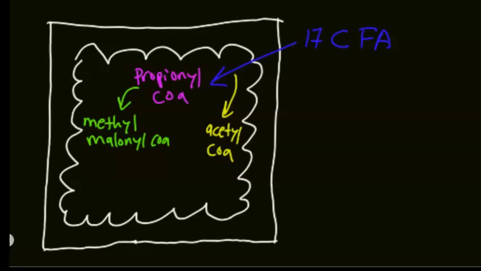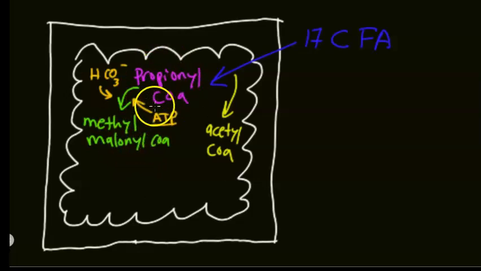So to make this reaction happen, we need to add bicarbonate, and we also need ATP. So this is the ATP portion. So we need some ATP to convert propionyl-CoA into methylmalonyl-CoA.